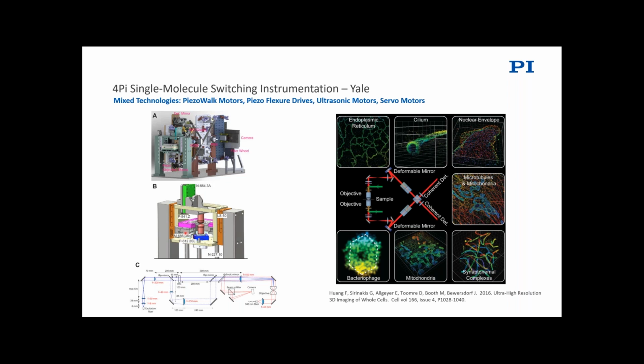So we use a PI long travel stage, a flexure for scanning, and piezo walking for bringing the upper objective into place. And actually there's some stepper actuators here for adjusting the planarity too. So really this can achieve Z spatial resolutions in the tens of nanometers, and you can see some very nice images from this setup.